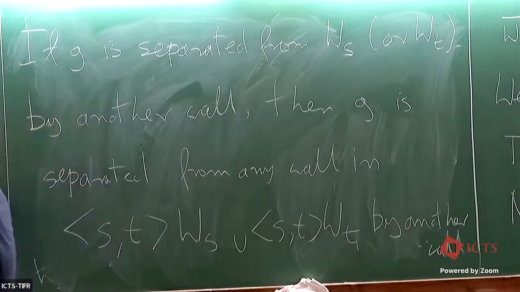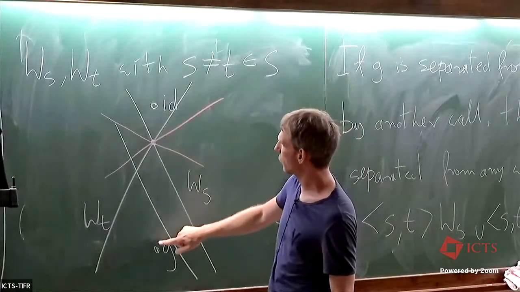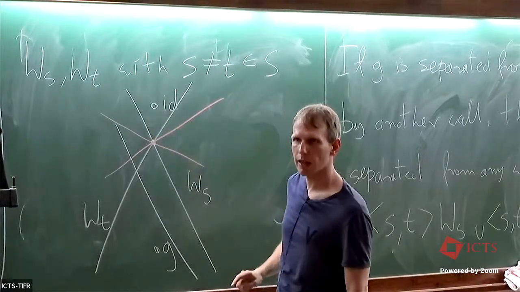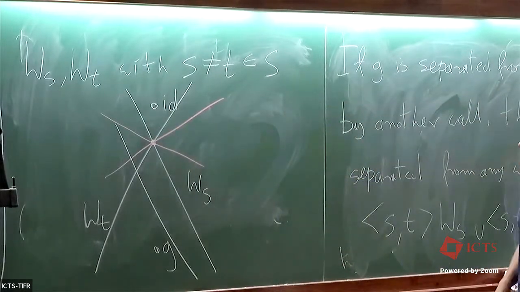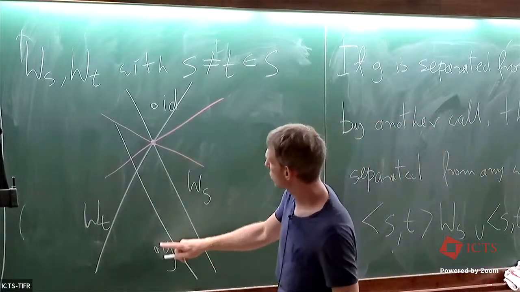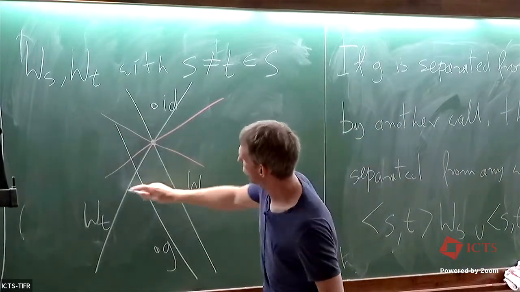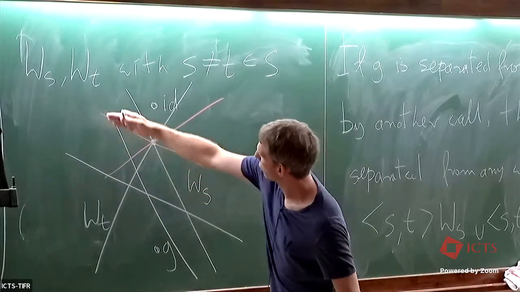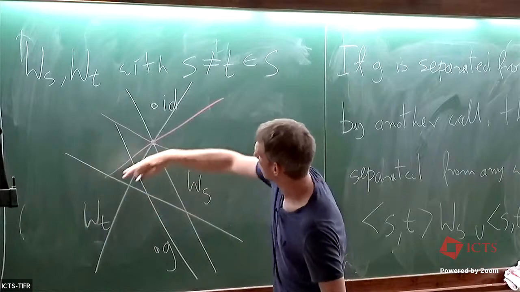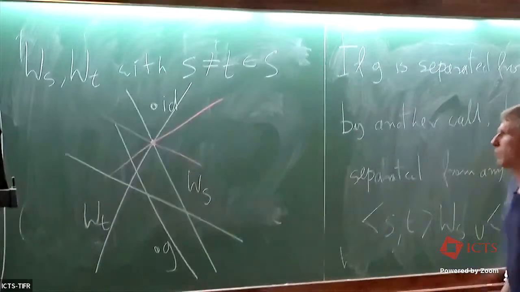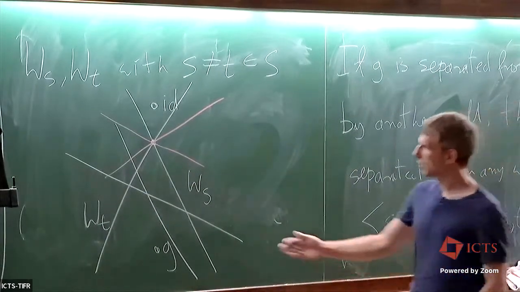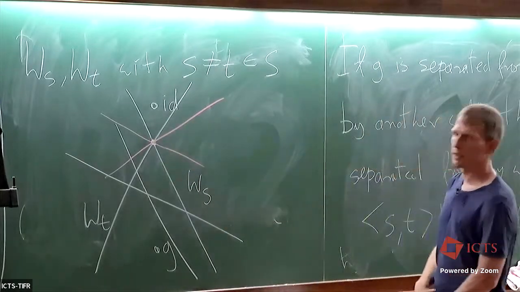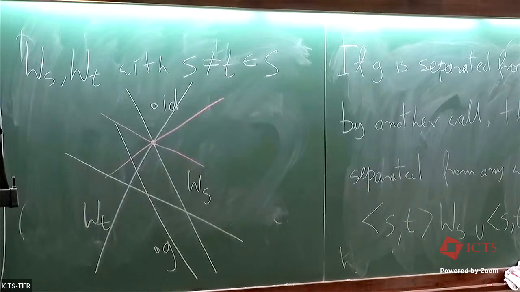They are not parallel because they both separate the identity from G, and they are both at distance half from the identity, so they have to intersect. So the theorem says that G is separated also from any of these red walls by some other wall. Maybe there is one wall for one red wall, and another wall for another red wall.